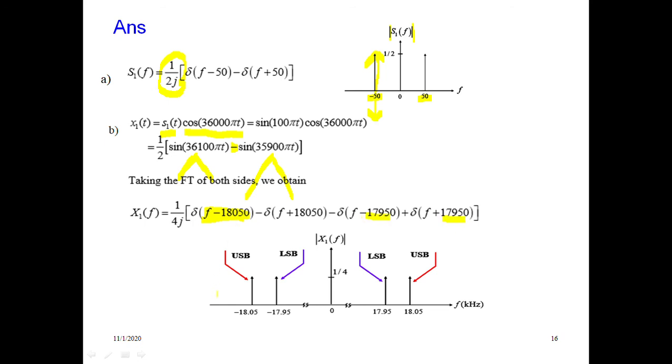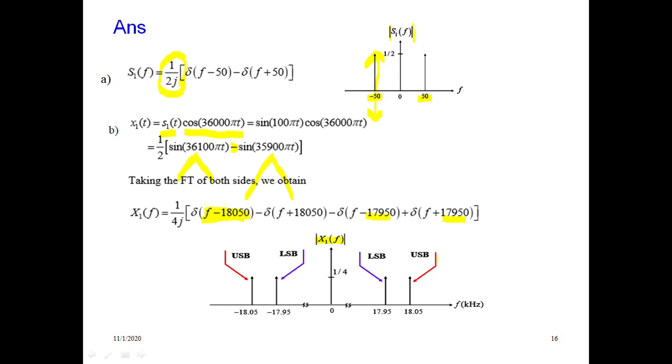Right now we can plot in the frequency. If you want to be safe, just put the magnitude as absolute value, so everything will be at the positive side. So you plot F at 18.05 plus minus and 17.95 plus minus.